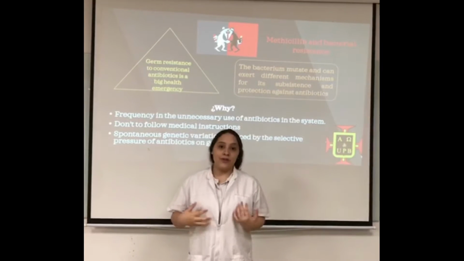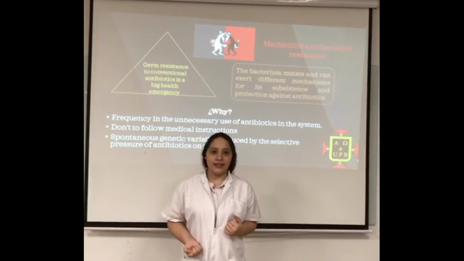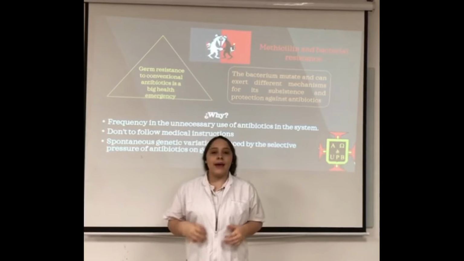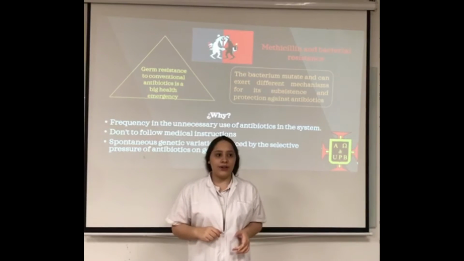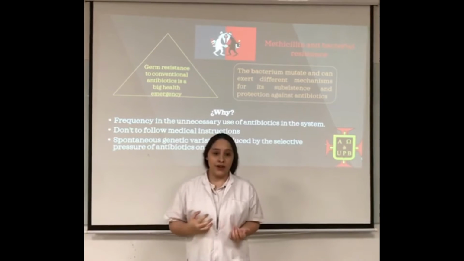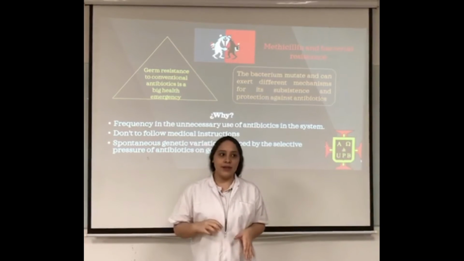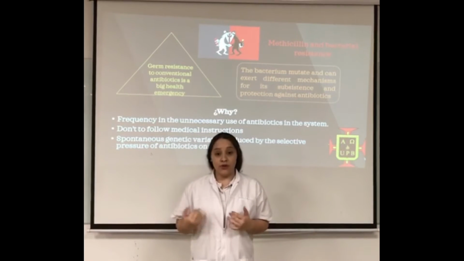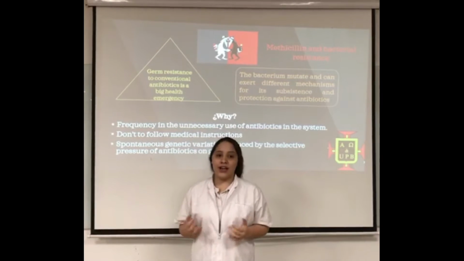One of the great problems today is the great emergency of resistance to typical antibiotics. Bacteria may have a natural resistance to some families of antibiotics. This resistance depends on the genetic variability that occurs in evolution. Also, the resistance can be acquired.